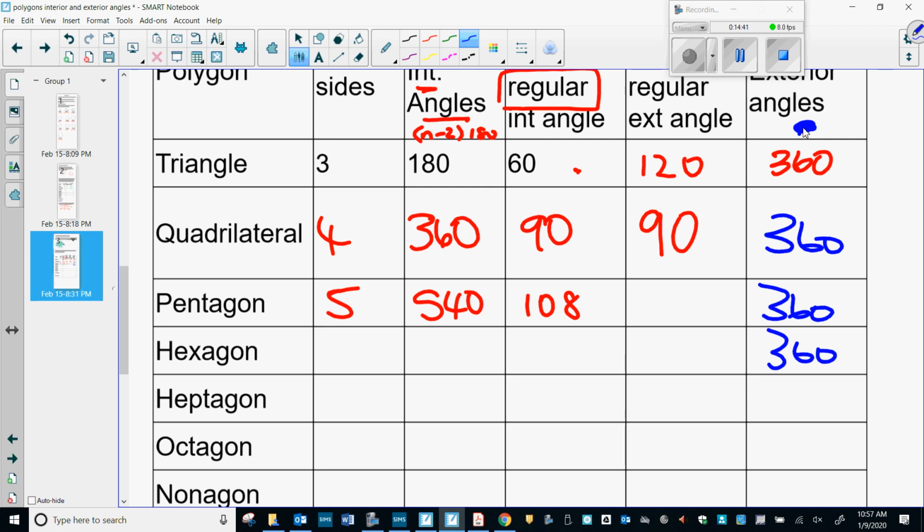So, what I want you to think about is this. If you have a question that asks you about interior angles of a regular polygon, that involves a fair bit of work, doesn't it? You've got to find the sum, do the n minus 2 times 180, divide by n, and remember all that.